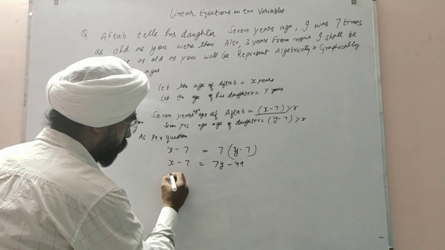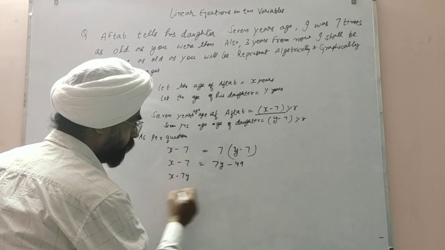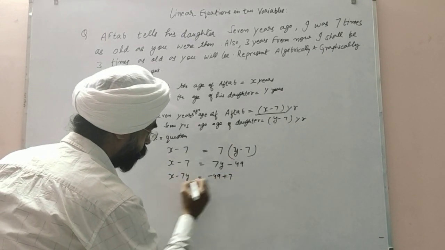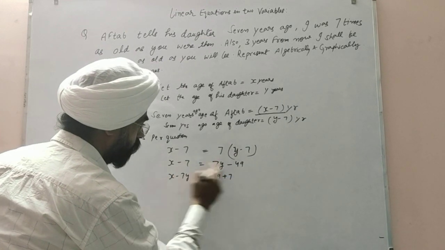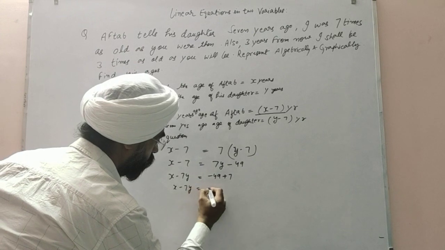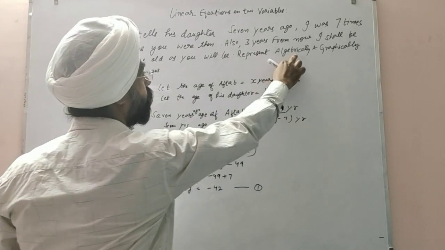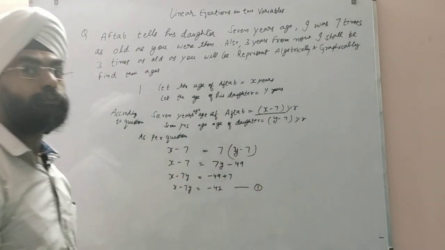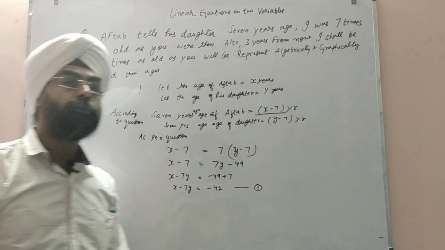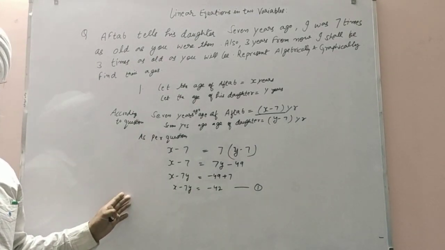Or by solving, x minus 7y equal to minus 49 plus 7. After transferring, x minus 7y will give you minus 42. This is our first algebraic equation, x minus 7y equal to minus 42. I hope you have understood till this step.